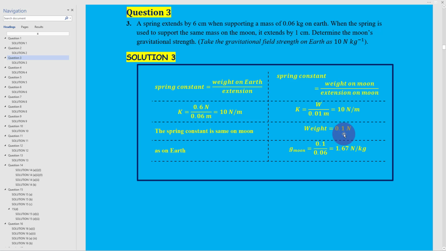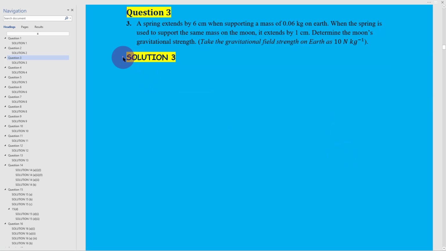Once we get the weight on the moon at 0.1 newtons, to get the value of the gravitational field strength on the moon, we just need to divide that weight by the mass of the object. Remember, gravitational field strength is weight divided by mass. Or you can say weight is equal to mg. And of course, we get the value of the gravitational field strength on the moon as 1.67 Newton per kilogram.